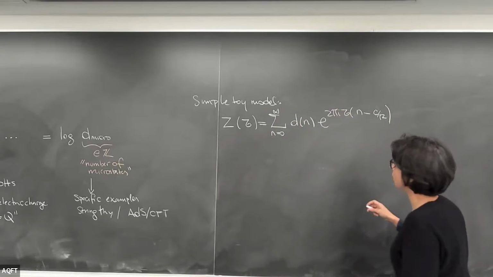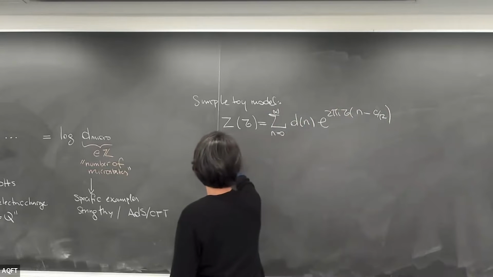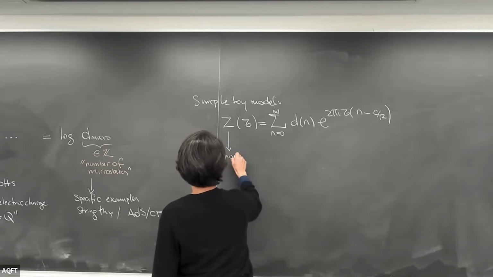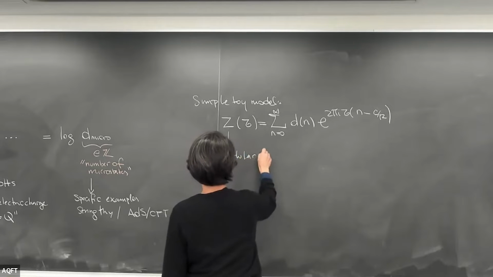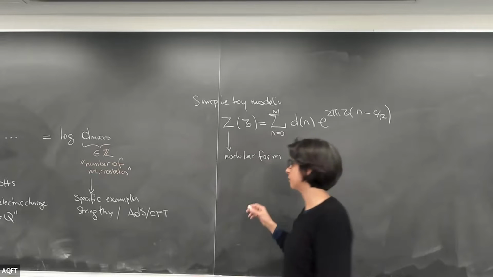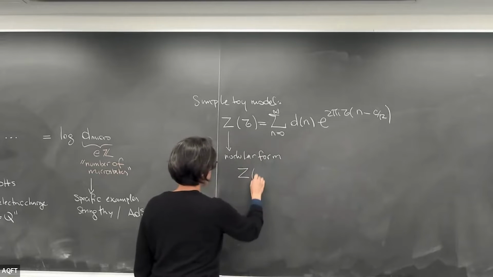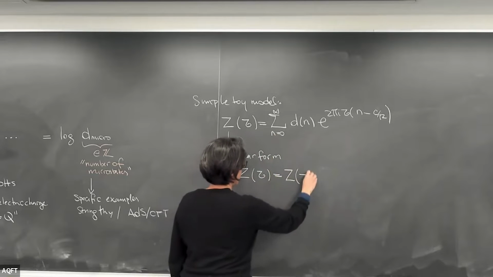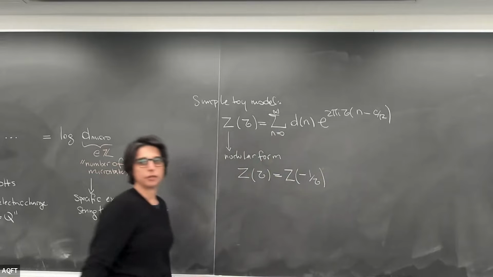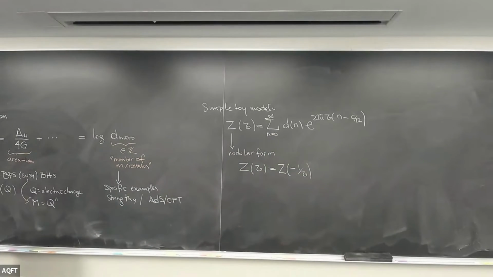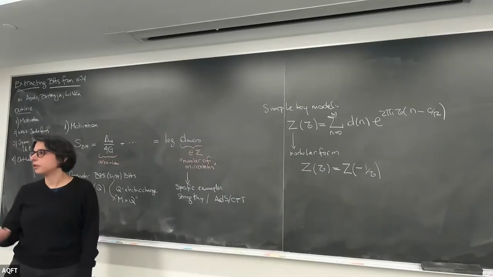And this function here, I'm going to assume that it has some symmetries. So I'm going to take it to be a modular form, which for what I need for now, what I basically need to specify is that this is a function of tau that has this inversion symmetry. An example in mathematics would be something like the Dedekind eta function, where the d_n could be the number of partitions.